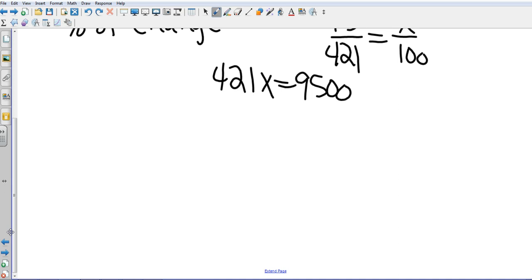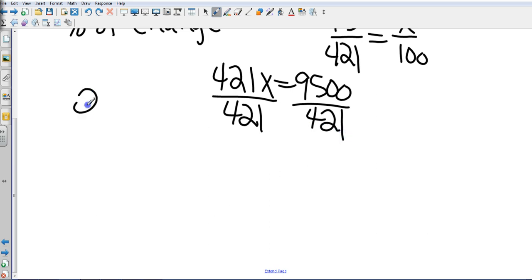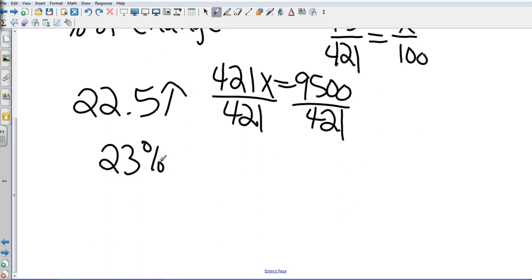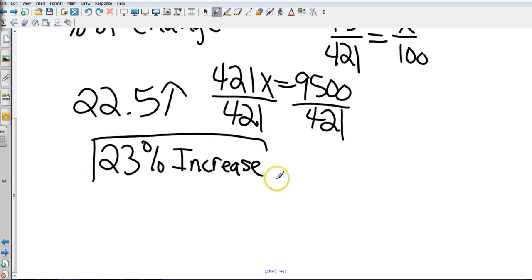Does everybody agree? 22.56. It's not important. Because as long as it's 22.5, that means it's going to go up to 23%. And it's a 23% what? Increase. 23% increase.